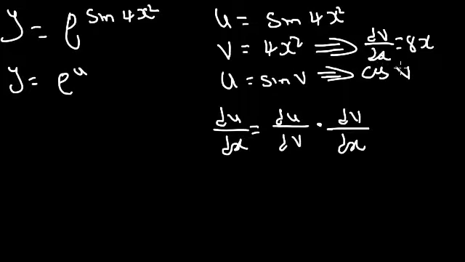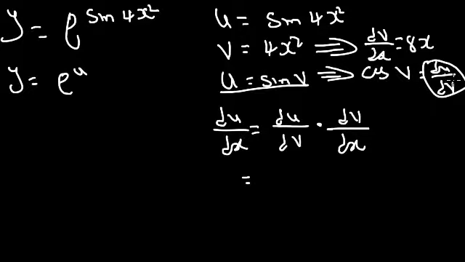Perfect. Now v is 4x squared, but before I replace v with 4x squared back, let me try to multiply. So then we have the du/dv, which is simply cosine v. That's the du/dv. Okay. So I hope you're not lost yet. So this is the derivative of u with respect to v.